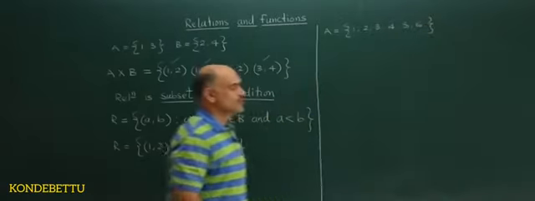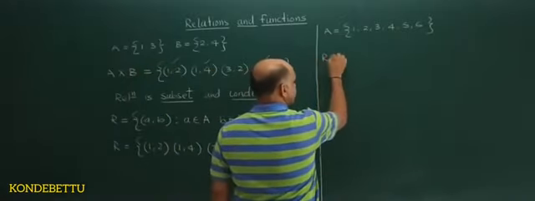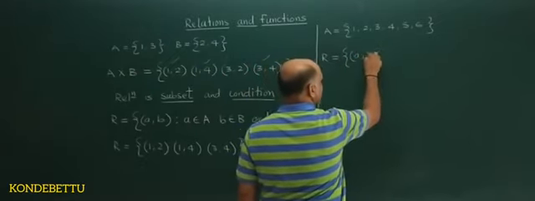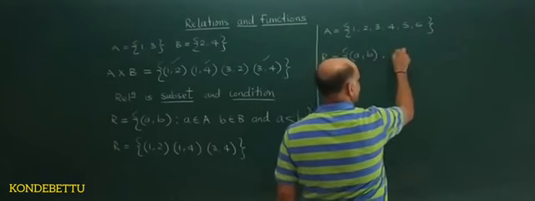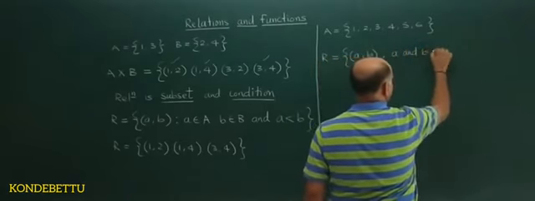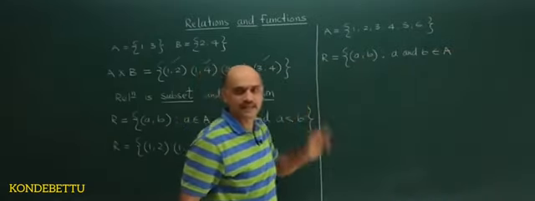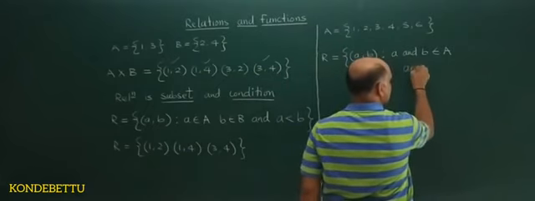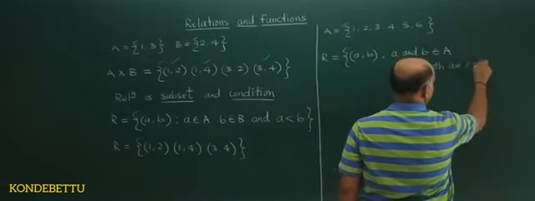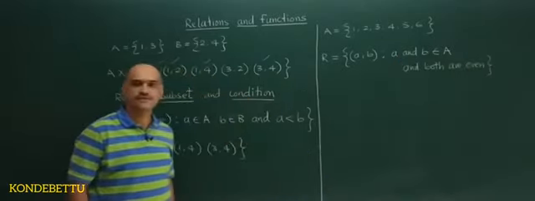R is a relation, R is equal to {(a, b)}, where a and b belong to A. Both are elements in A, and both are even.